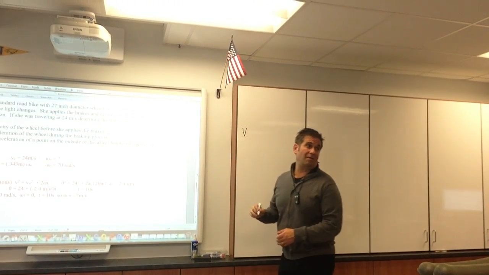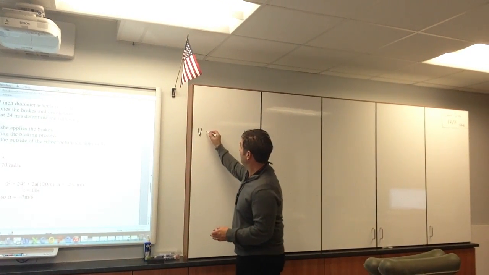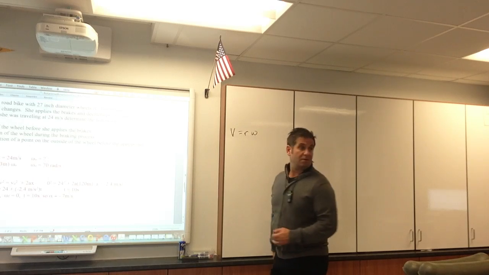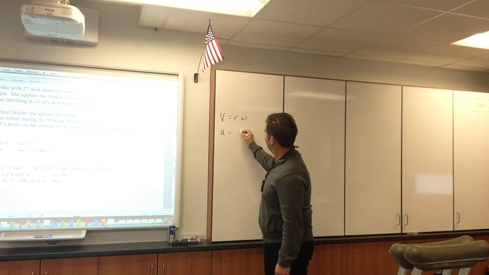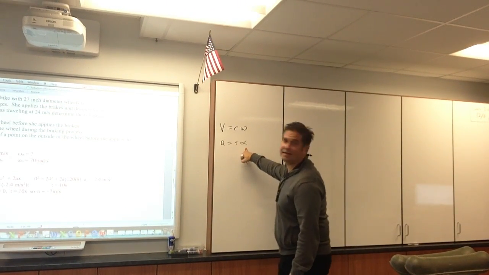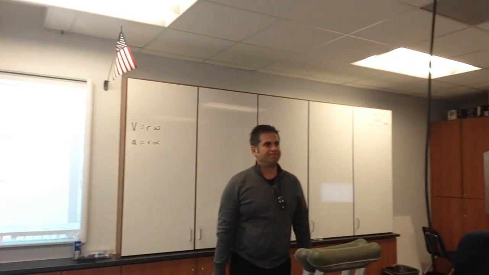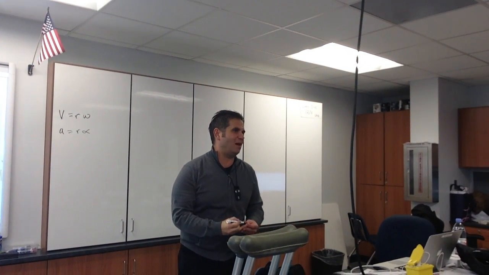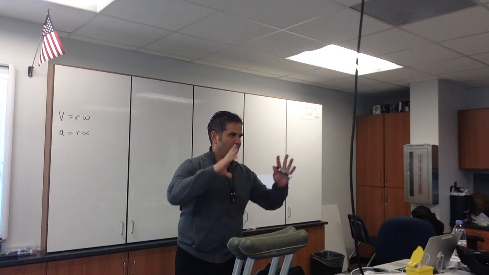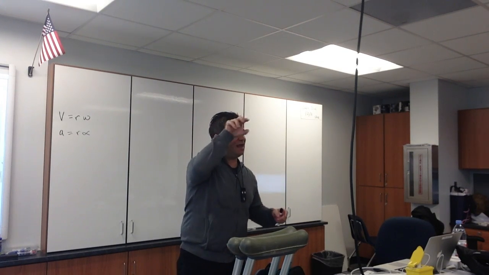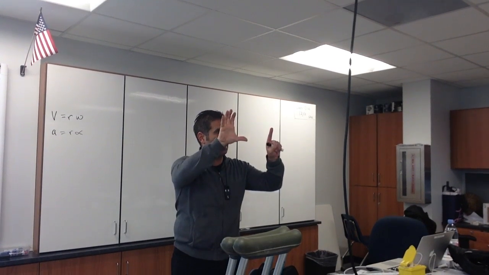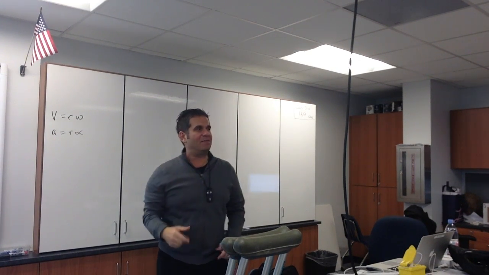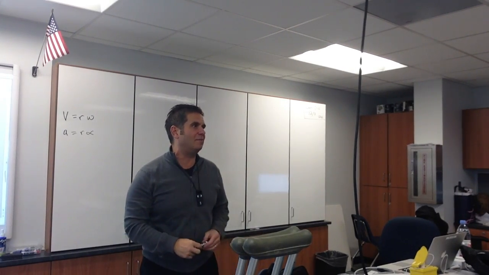The velocity that we learned about in linear motion is related to the velocity of things that are turning in this way, and A is related to alpha the same way. And I derived those for you in class, and that's where I think I lost some people. I started showing you where the d theta over t came in, and then we clumped that together, and that's how we got r omega. We talked about arc length making that happen, and some people just got lost in the math.